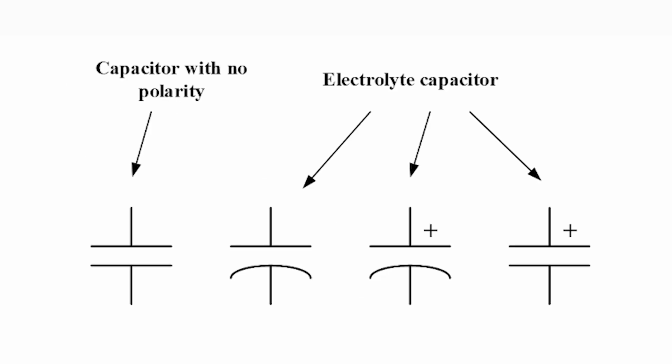In an electrolyte capacitor, the plus sign will appear on one of the plates. The non-electrolyte capacitor is marked by two straight lines with no plus sign. One symbol of electrolyte capacitors is made by two lines, one straight line and one curved line, with no plus sign. The standard is that the straight line plate is the positive plate with the plus sign.